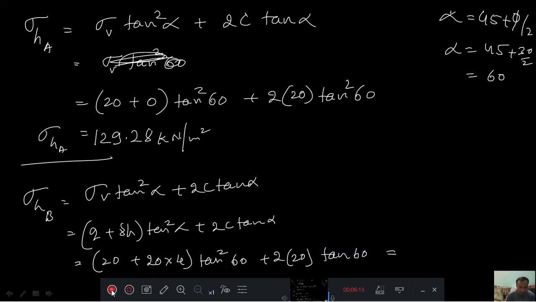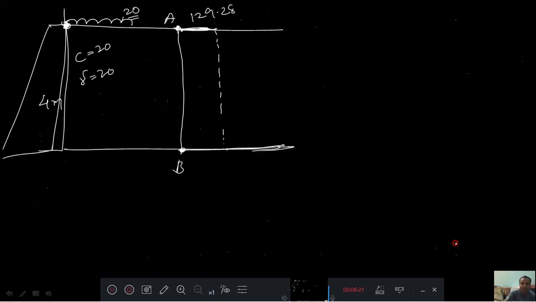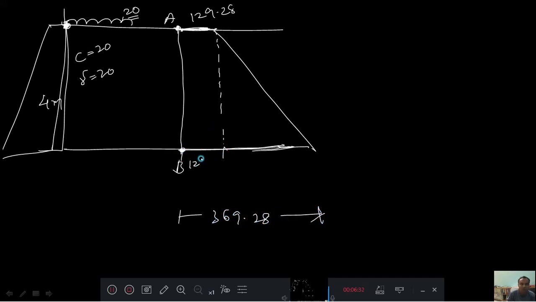The answer I got here is 369.28. That is the total. Means this rectangle, if I consider it as 129.28, then 369.28 minus 129.28, I will get 240. It is 240. However, the problem is solved.